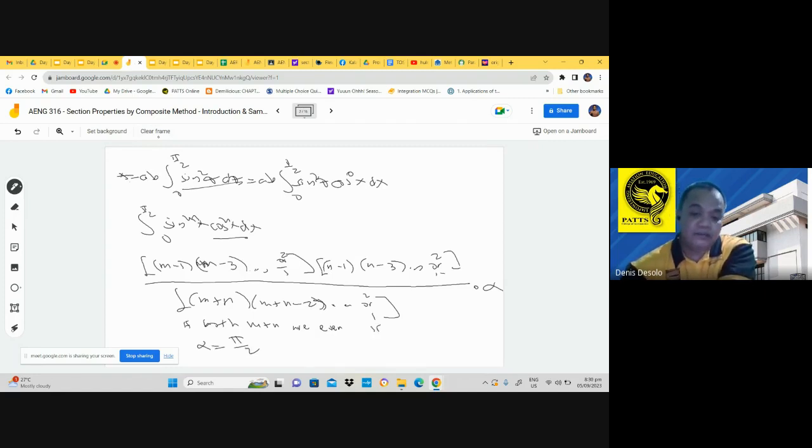But if one of the exponents, either m or n, is odd, then our alpha becomes 1 only. So that's what you need to apply if we intend to solve the area.